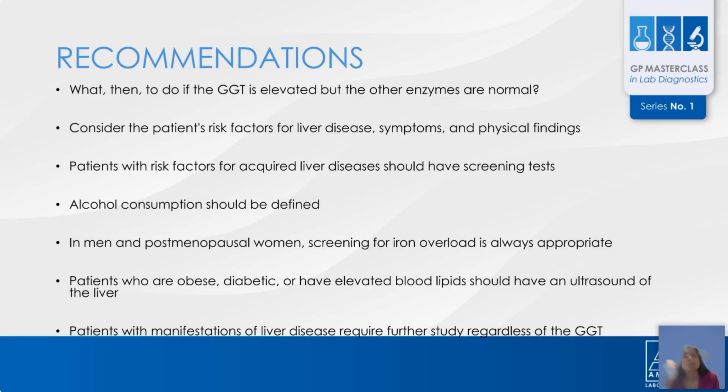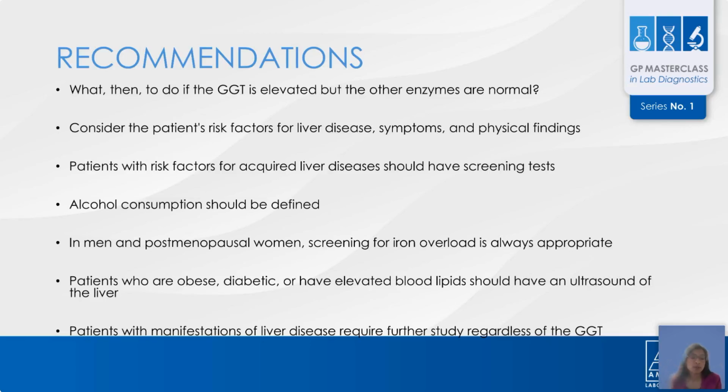Consider the patient's symptoms and any findings on the physical exam. Patients with risk factors for acquired liver disease like hepatitis B and C should have screening tests for these diseases. Alcohol consumption should be defined, as we saw in our previous case, and if excessive, it should be modified.